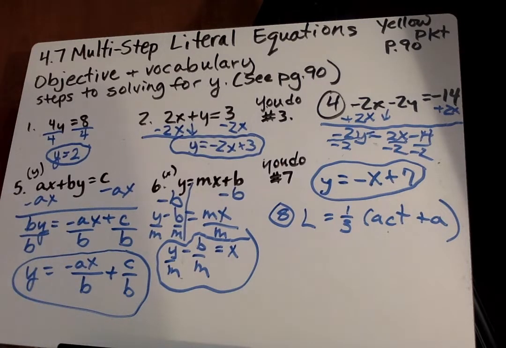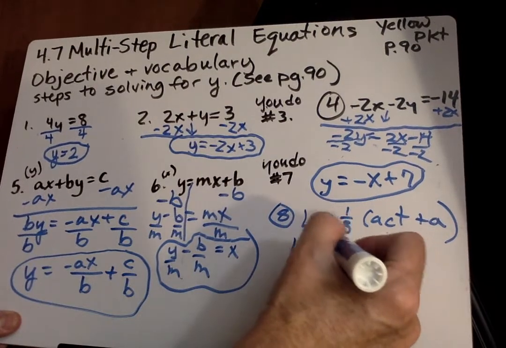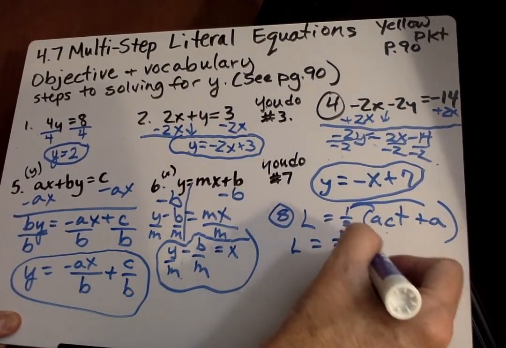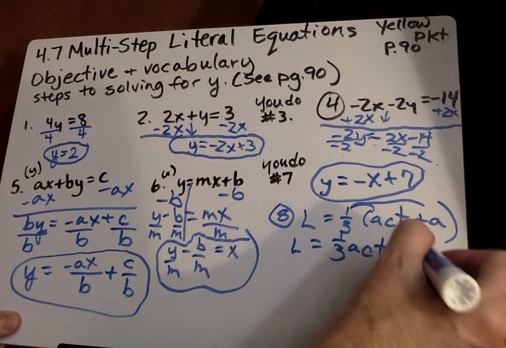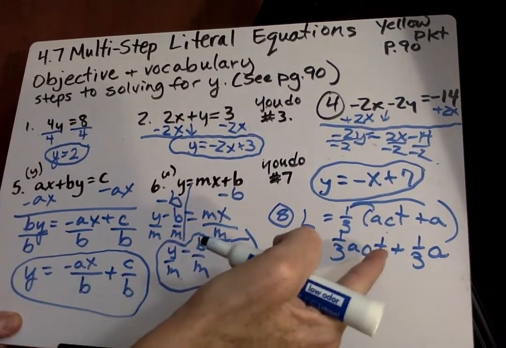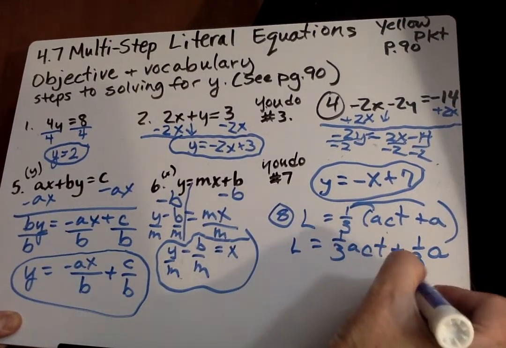So we're going to go L equals 1/3, and I'm going to use the distributive property, ACT, plus 1/3 A. And again, I'm solving for t, so I'm going to get rid of what's next to it, and I'm going to go minus 1/3 A.